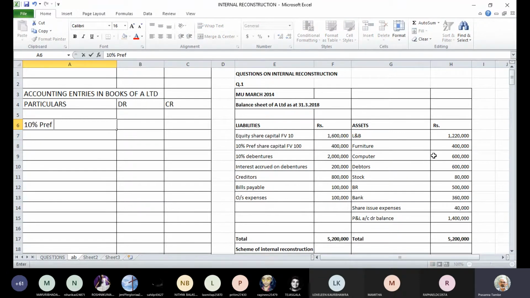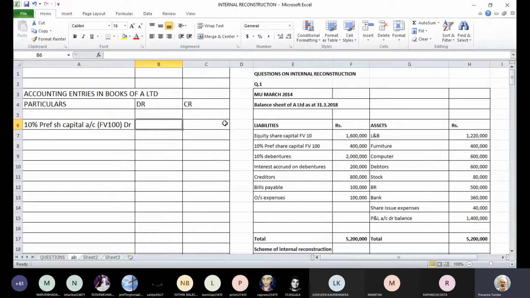10% preference share capital, so this will be full 4 lakhs, to 10% preference capital account, face value 80 rupees.